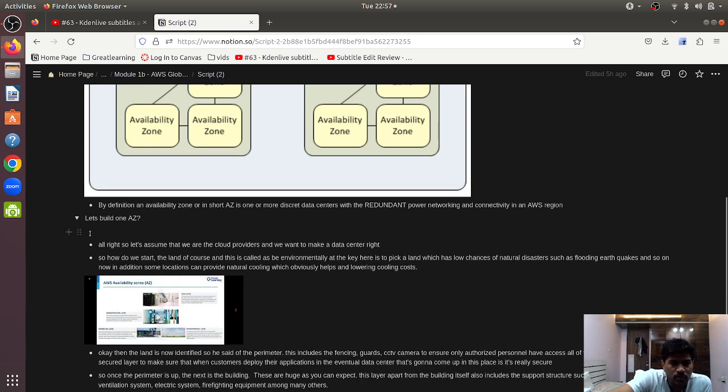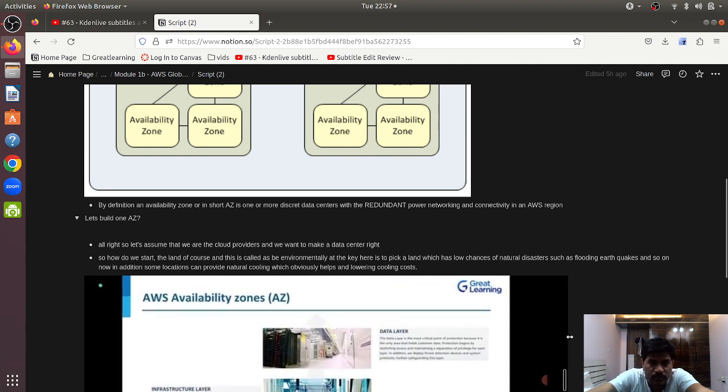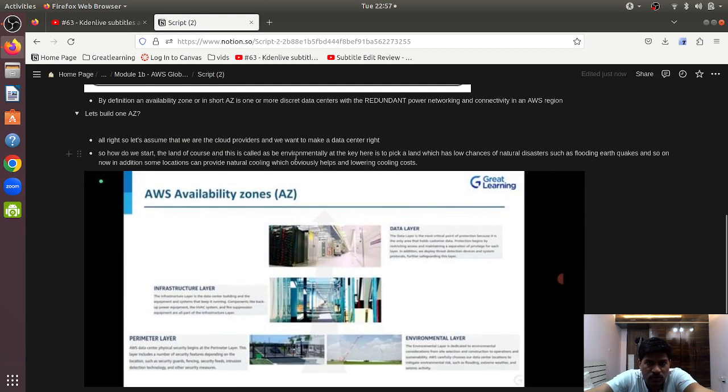Now, how do we build one of these? Let's assume that we are the cloud provider and we want to make a data center. How do we start? Let's look for land, of course. This is the image from which you can get the idea. We'll first look for land which is environmentally friendly. The key is to pick a land which has low chances of natural disasters such as flooding, earthquakes, and so on.